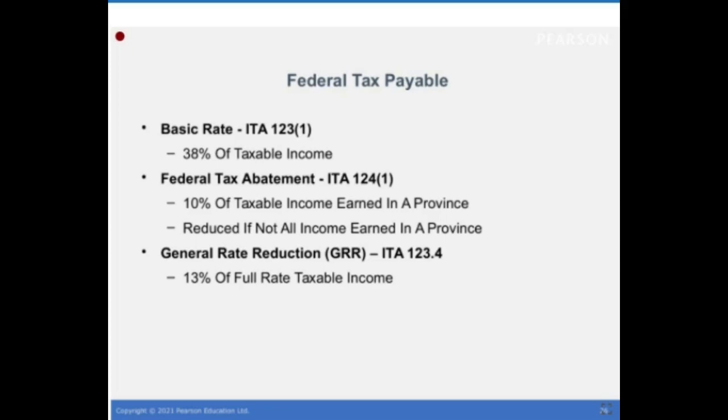So now let's get to calculation of the federal tax payable. So step one in figuring out our corporate tax payable is to go from your financial statement income to net income for tax to taxable income. And then we take that taxable income and we're going to run it through our rates.